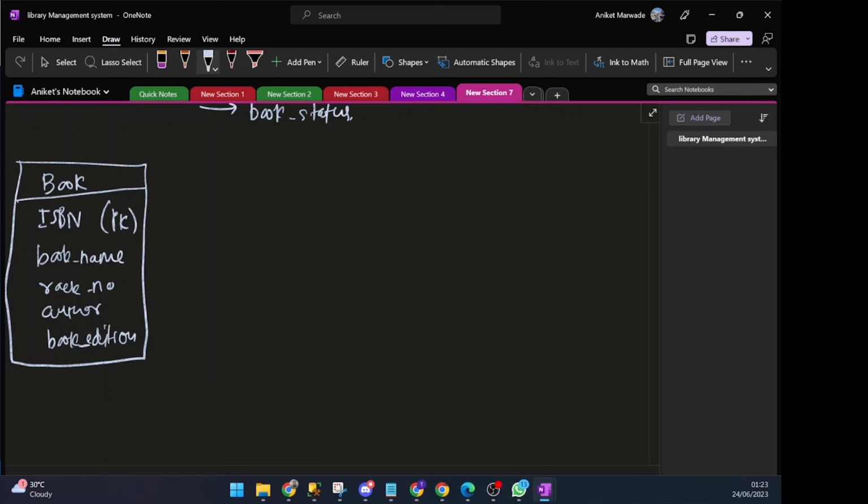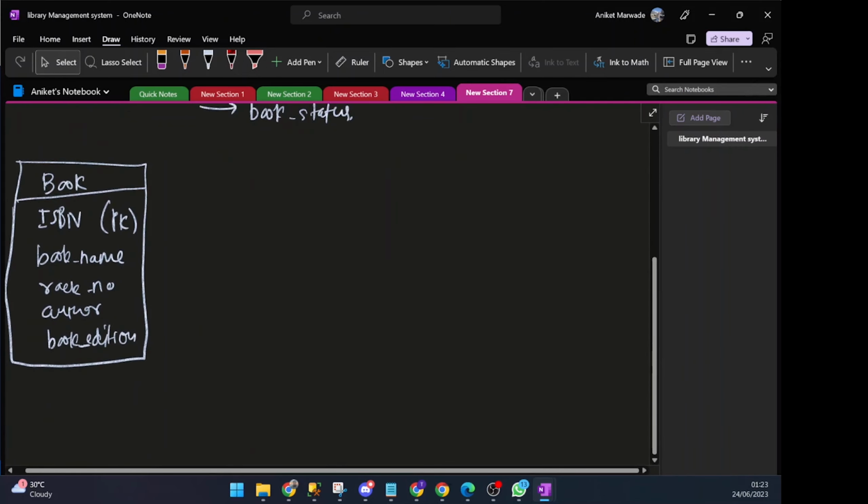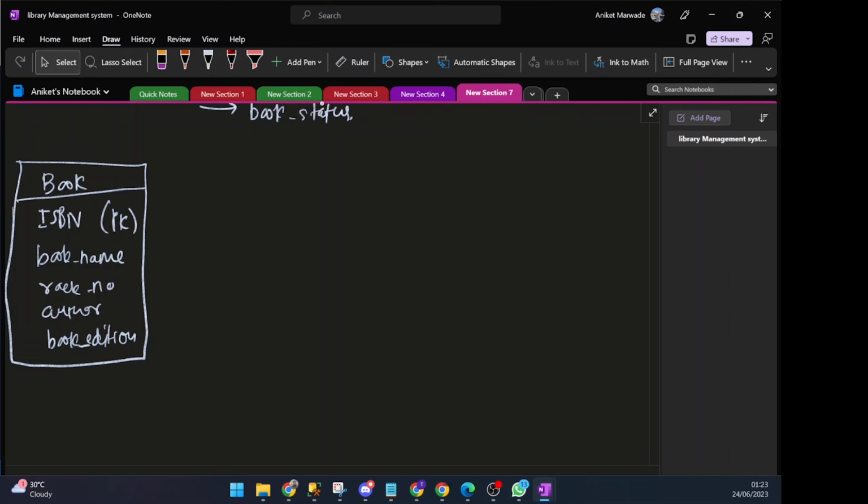Now we will have the staff table. So for staff, what can we have? We can have staff ID. Let's consider this as ID. Staff ID will be unique for every staff.